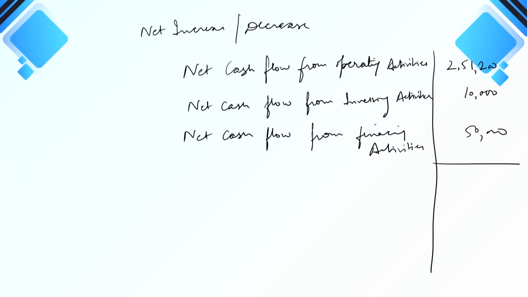So we get that there is net increase in cash would be 3,11,200 rupees.